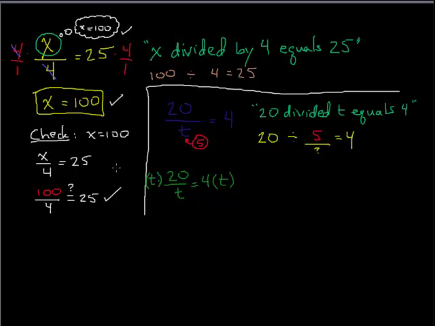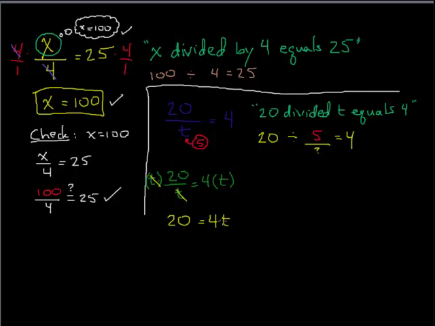Now the t's will cancel out on the left hand side, and so we have 20 equals 4t. This is the same kind of equation that we had in the previous tutorial: some number times t equals 20.